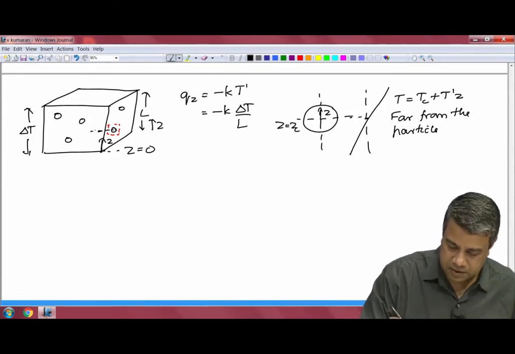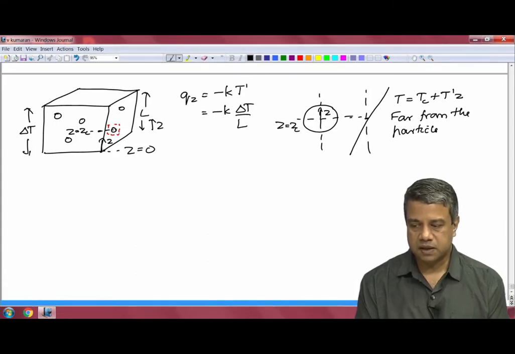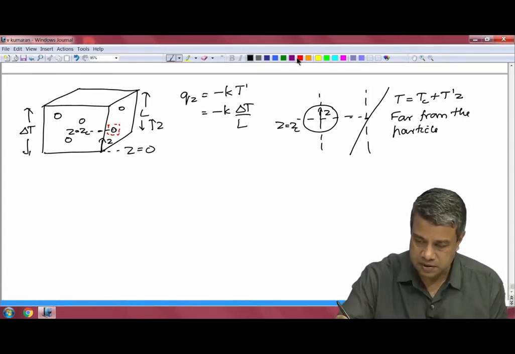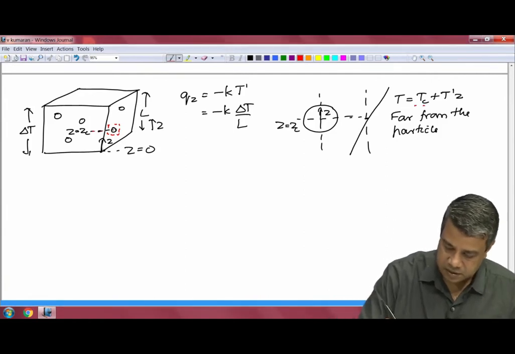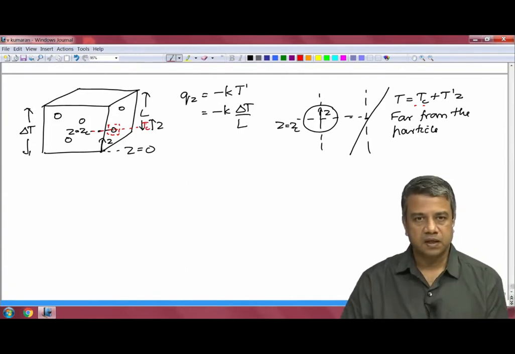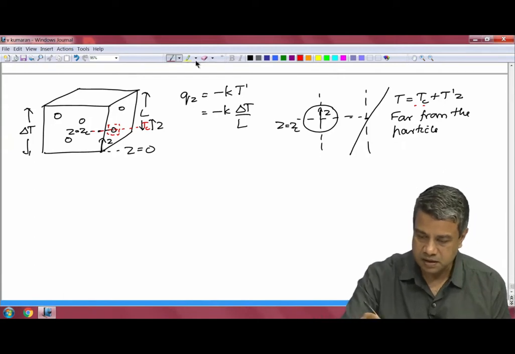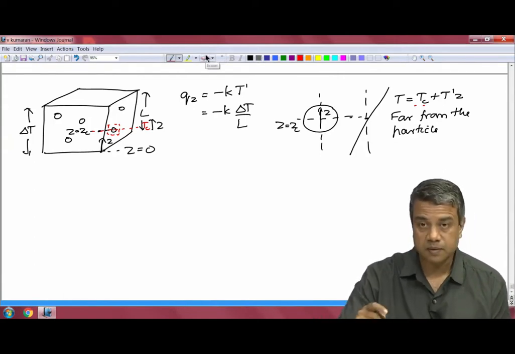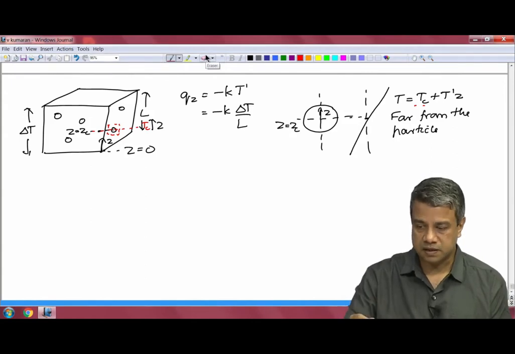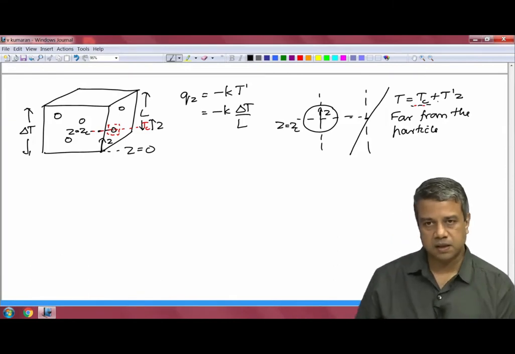And it is in a linear temperature field far from the particle, so that if Tc is the temperature in the matrix at the particle center, then the temperature has a linear variation far from the particle of the form Tc plus T prime times Z.